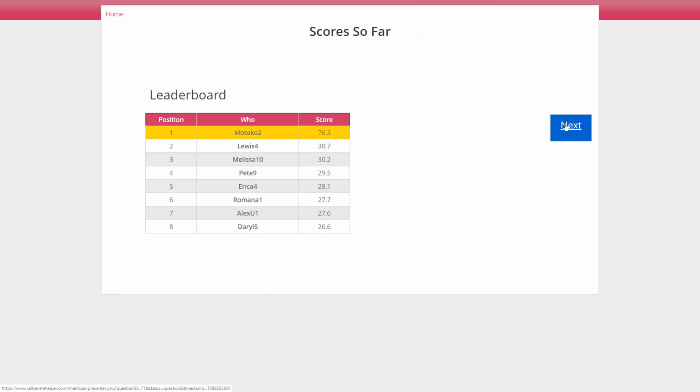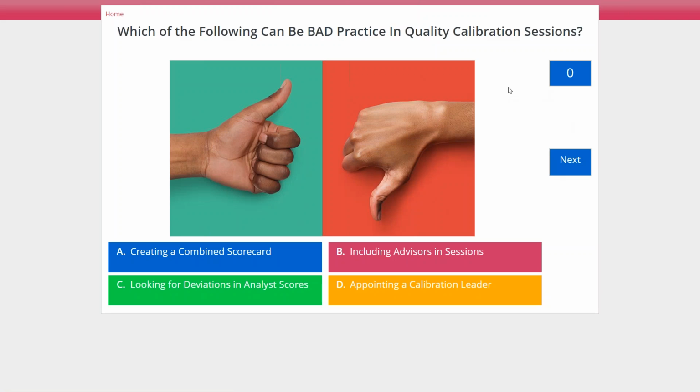Final question. Which of the following can be bad practice in quality calibration sessions?